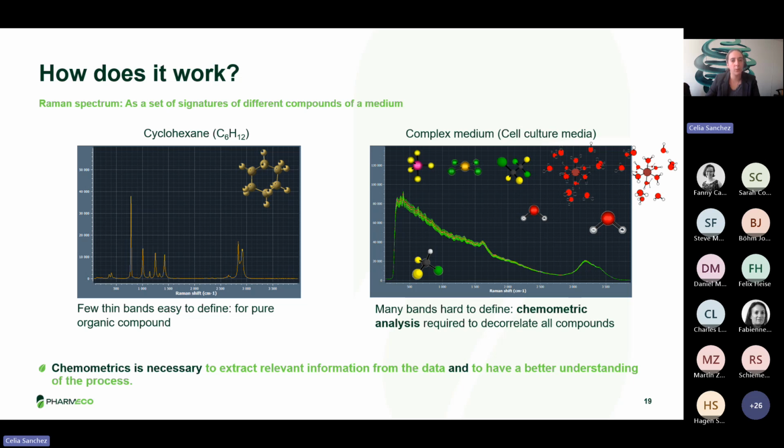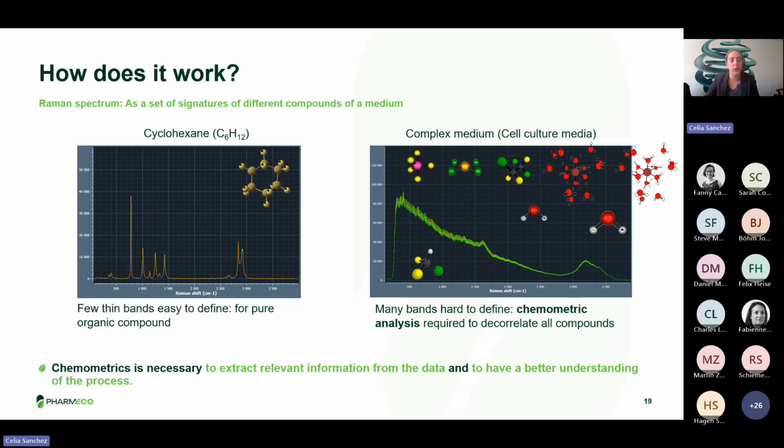But when we look at a more complex medium, such as cell culture medium, we have a lot of different molecules present in what we want to analyze, and as a result, the spectrum is more complex, with a lot of different signals overlapping on top of each other, and it's hard to define what we have in this media.